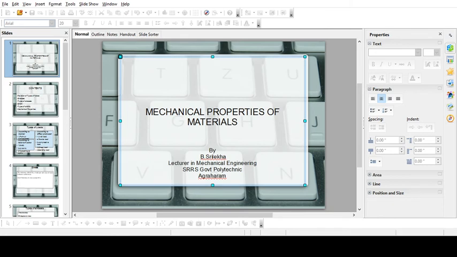It means the material will start elongating and taking the shape of the required geometry, but it will not break or fracture. It will just deform into the required shape. Next is malleability.